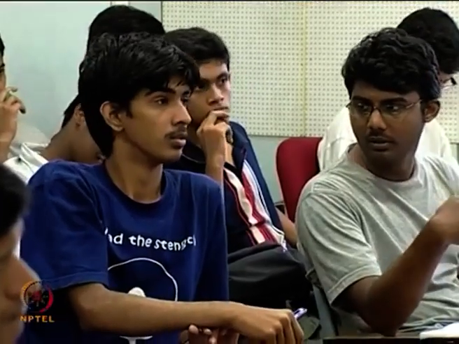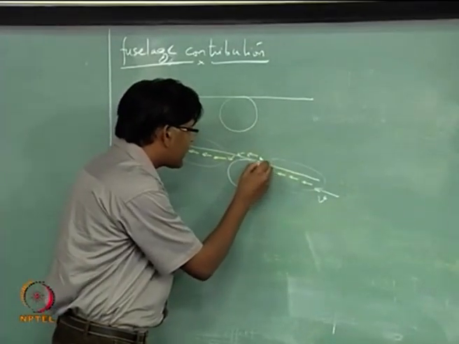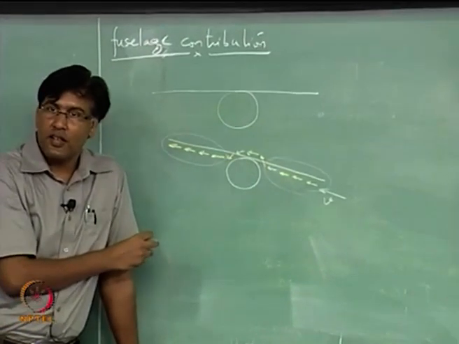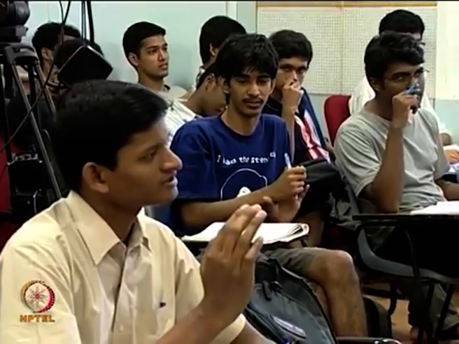Ahead of the wing. Look at what is happening close to the fuselage. Why not it goes below the fuselage? That will have a symmetric effect. So that will not give me actually a change in lift in both the sides.